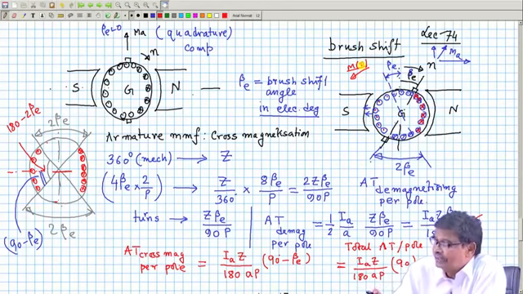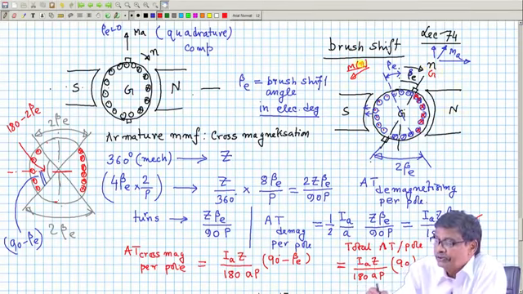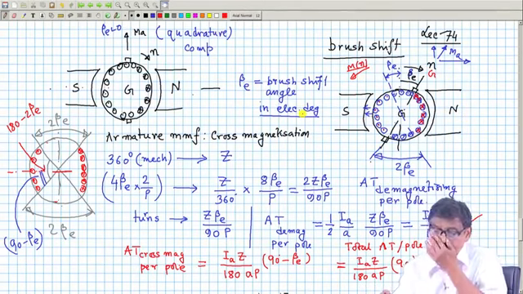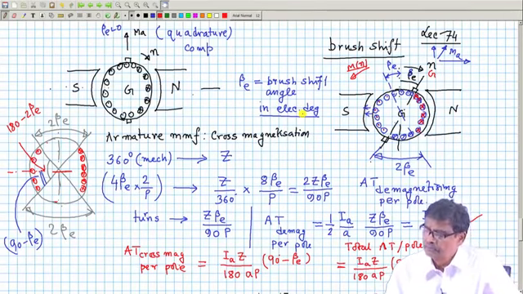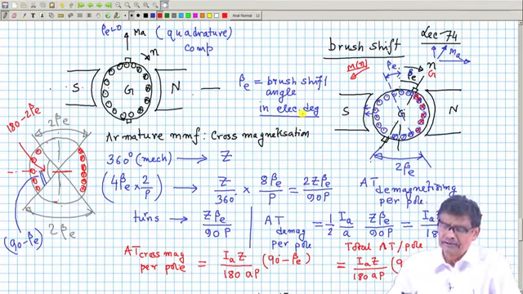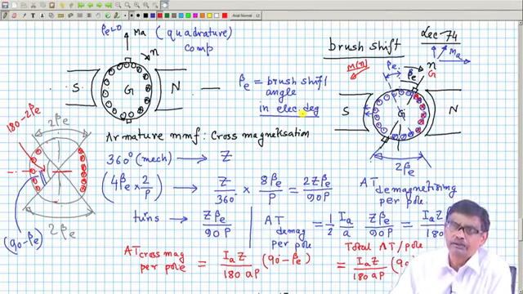That is what I am telling, same diagram. This is for generator mode, direction of rotation, this is for motor mode, direction of rotation. I think you have got this idea. So here I will stop talking about armature reaction and things like that for the time being.